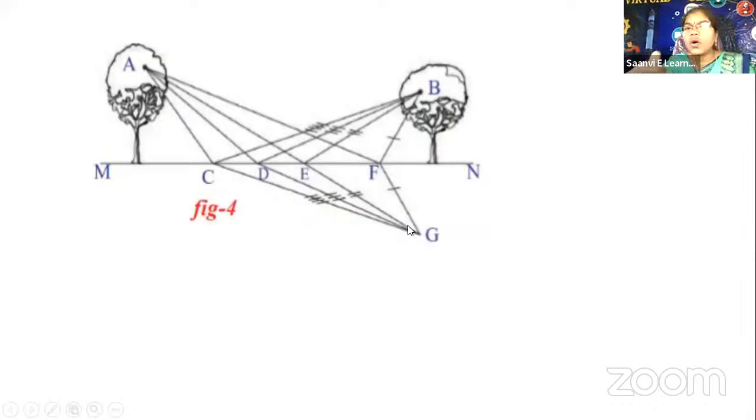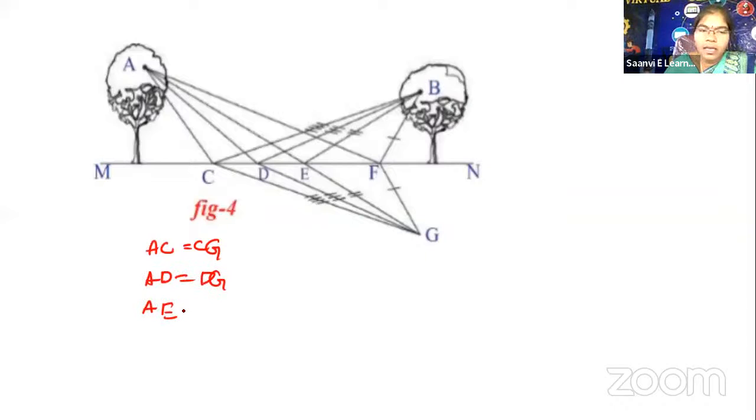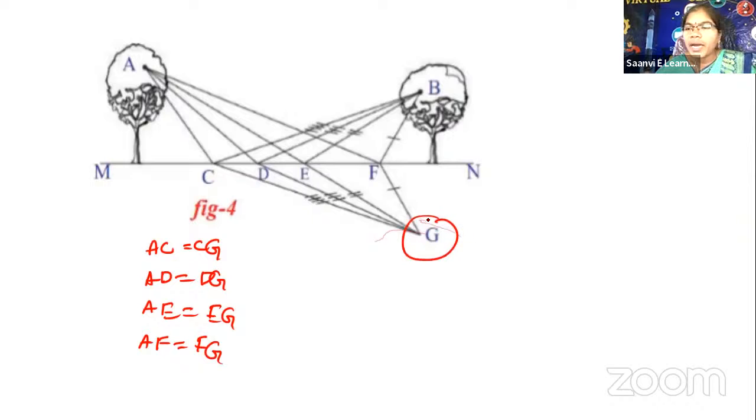If you see all these rays in the mirror, we will observe duplicate rays. AC is equal to CG and AD is equal to DG and AE is equal to EG and AF is equal to FG. These are the duplicate rays at point G.